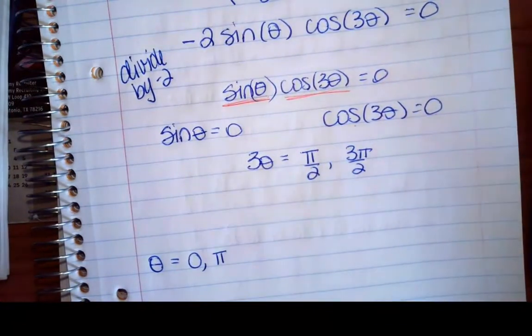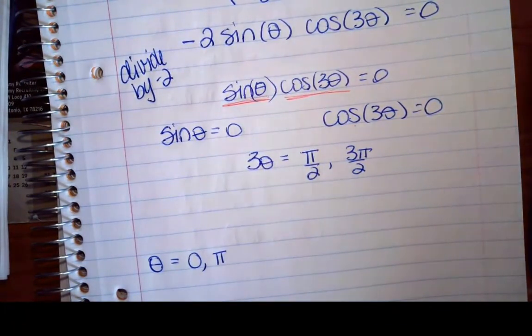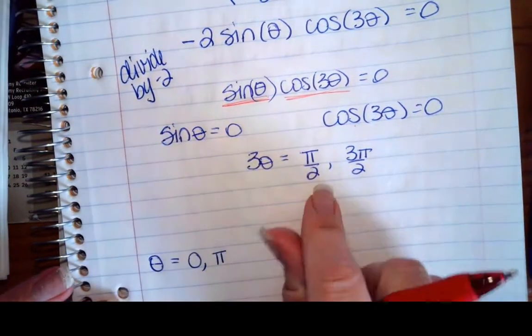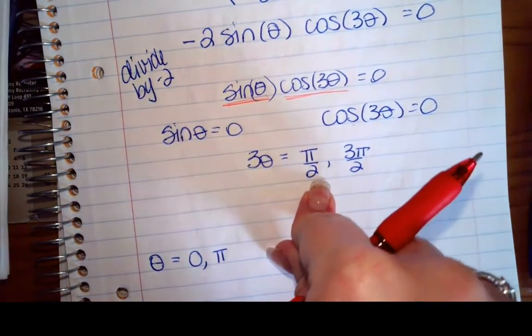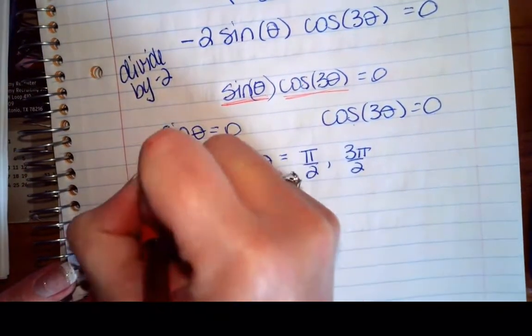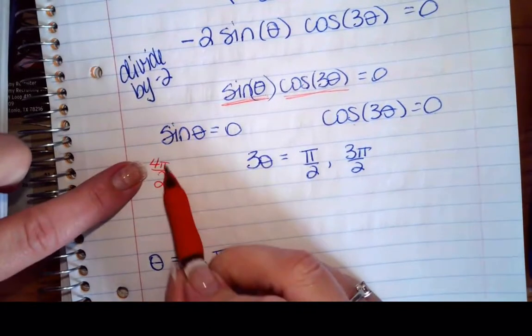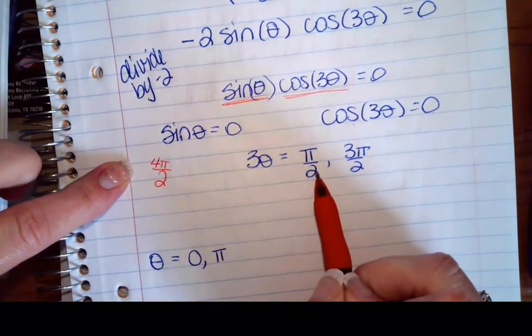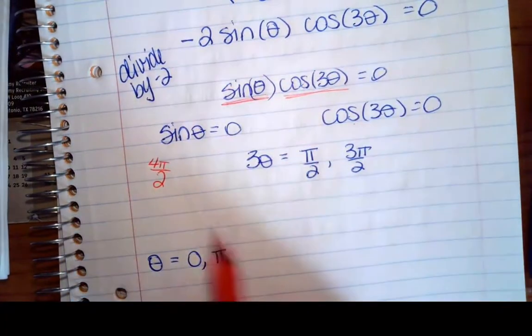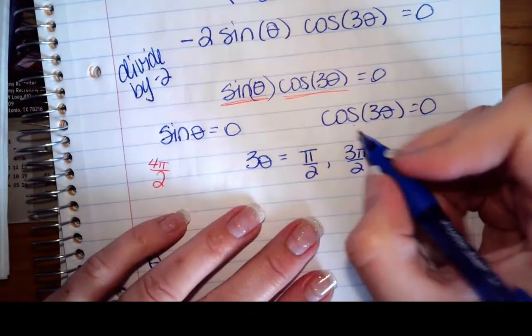So from there, I need to add multiples of a lap. So I need to add 4 pi over 2, because 4 pi over 2 makes a lap. So I'm going to add pi over 2 and then take a lap, and then take a lap again. I'm going to do this a couple of times.